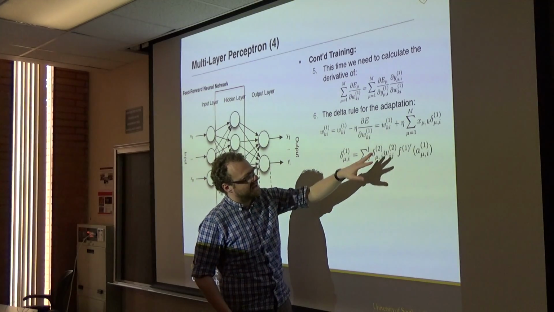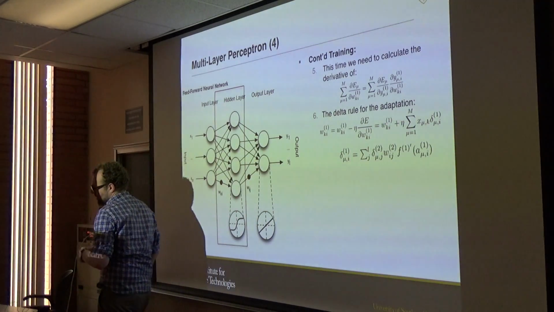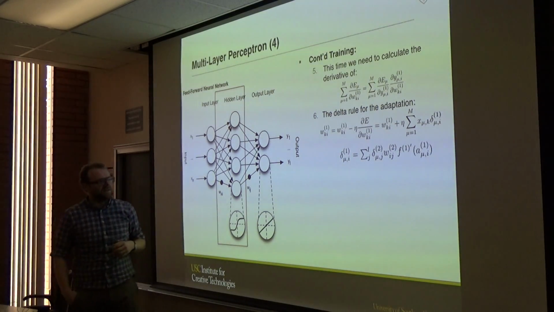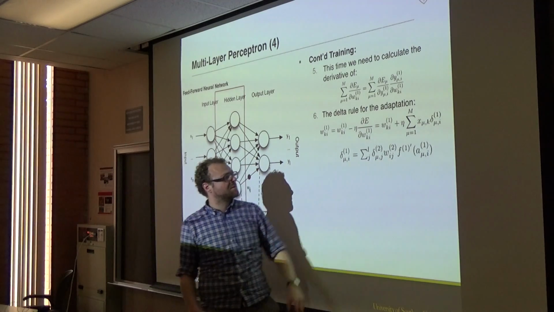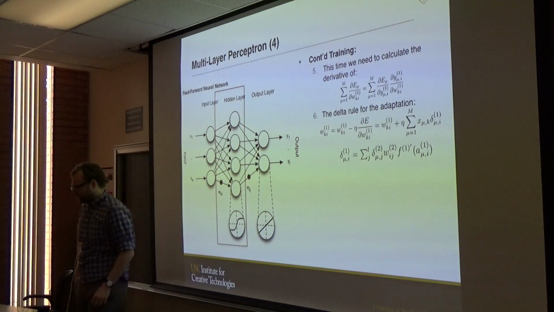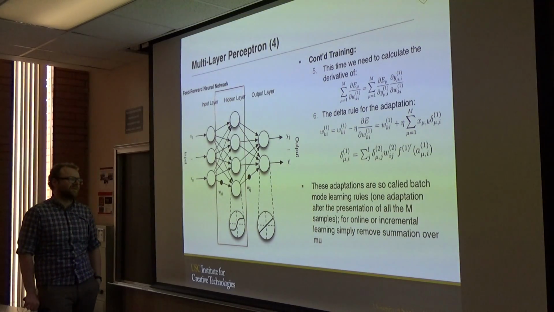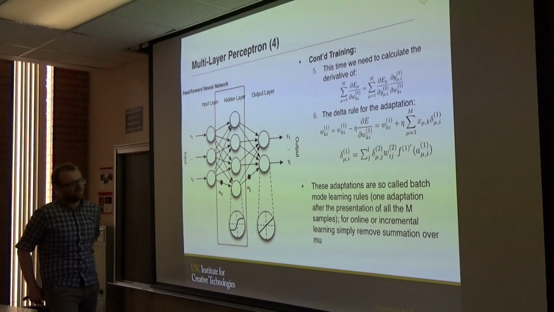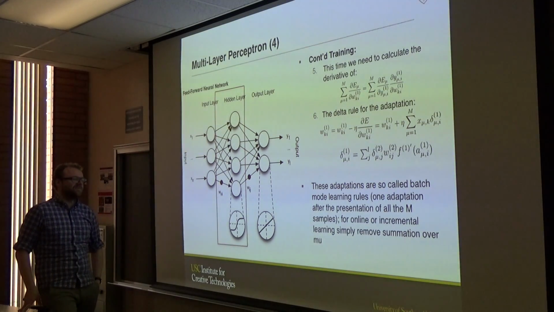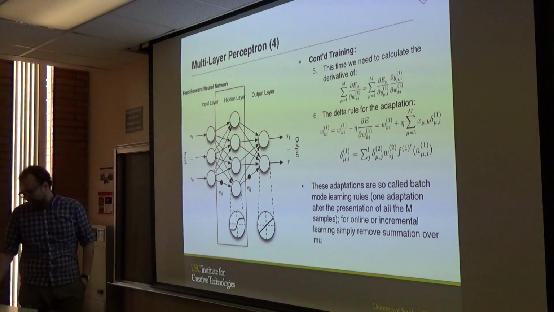To change that into an online method, you would just remove the sum there, and all the mu's are gone as well. So these are the so-called batch mode learning rules, and for incremental learning, we just remove the summation over mu.